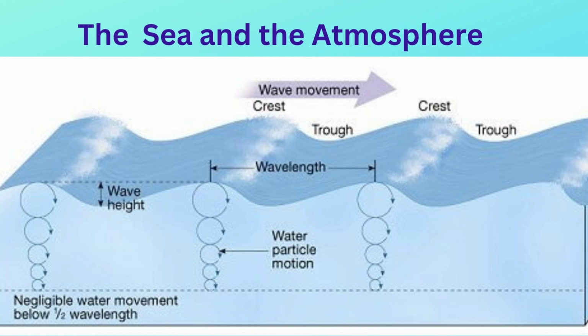Now, not only is the energy transferred to the sea, but even some characteristics of the wind will be transferred to the sea. So when the wind is strong, for example, then we're going to have rough seas. All right, so the waves will have more energy.